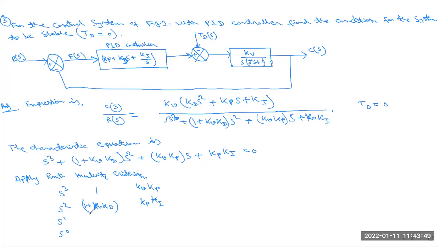Okay, so you can easily calculate these positions. We know that this equation is coming, which I have written here: (1 plus Kv Kd) into Kv Kp, minus 1 times this one, that means Kp into Ki, and the total divided by 1 plus Kv into Kd.